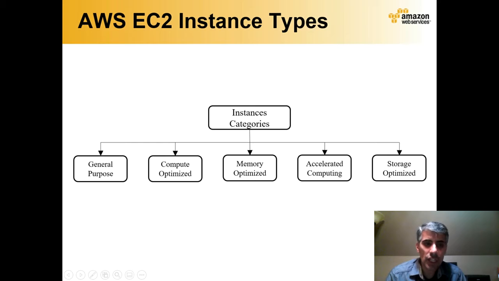In particular, they offer general purpose VMs, which are for normal use cases such as hosting a website or doing testing. Even within general purpose, there are several subtypes of VMs depending on the number of cores or the type of workload they are matching for.